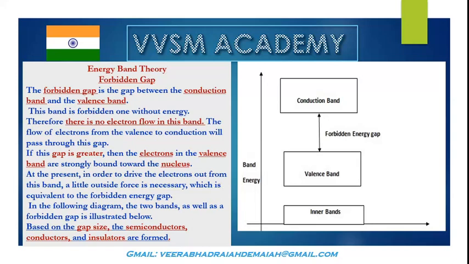That means if the forbidden energy gap is very small, or there is even no forbidden gap, they belong to the category of conductors. In the case of insulators, you have a forbidden energy gap.